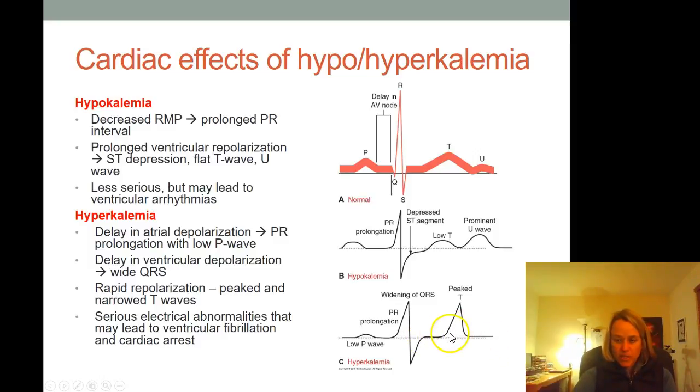And this repolarization wave, the T wave, is now tall and peaked, and a narrowed interval, because repolarization occurs more quickly. Hyperkalemia leads to serious electrical abnormalities that can lead to ventricular fibrillation and cardiac arrest.